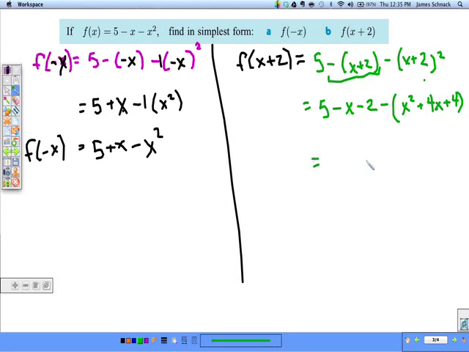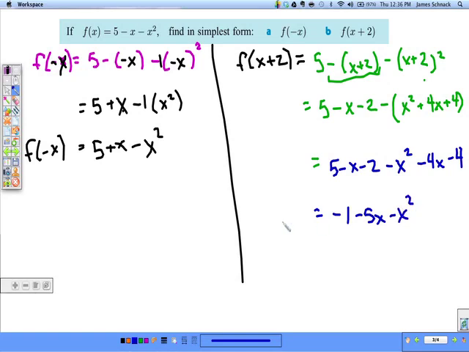Now we use this negative: minus x squared minus 4x minus 4, like terms to combine. 5 minus 2 is 3, minus 4 is negative 1, negative x minus 4x is negative 5x, minus x squared. So this is what happens when we take function f and plug in x plus 2.